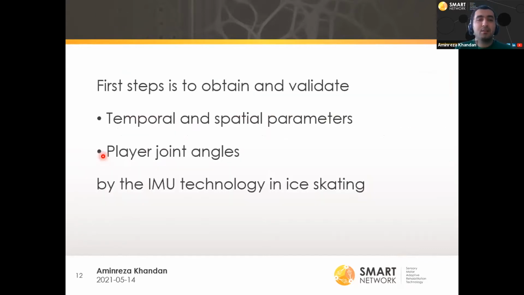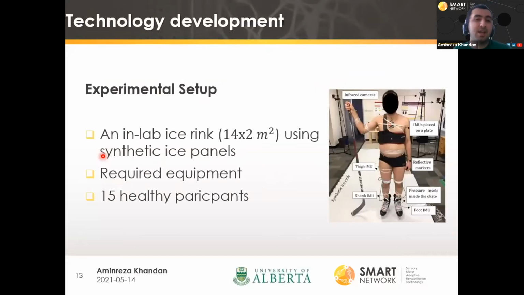As I stated in the previous slide, the first step is to obtain and validate temporal and spatial parameters and joint angles by the IMU technology in ice skating. To do this assessment, we built an in-lab ice rink using synthetic ice panels. As you can see here, this is the synthetic ice rink.